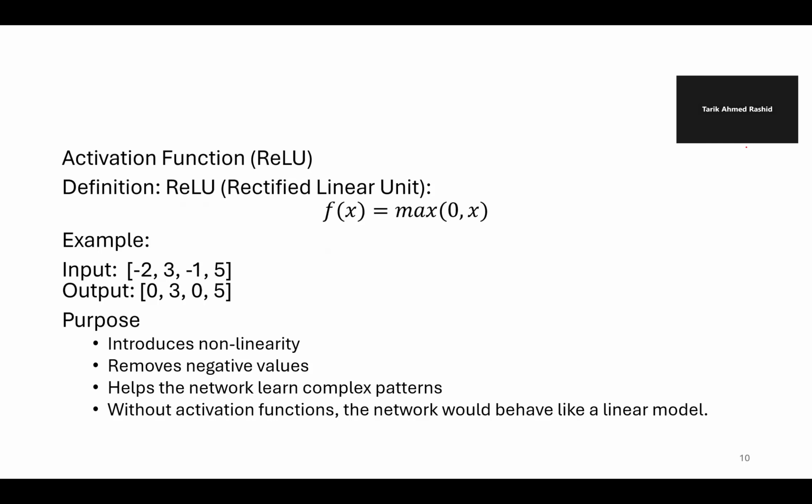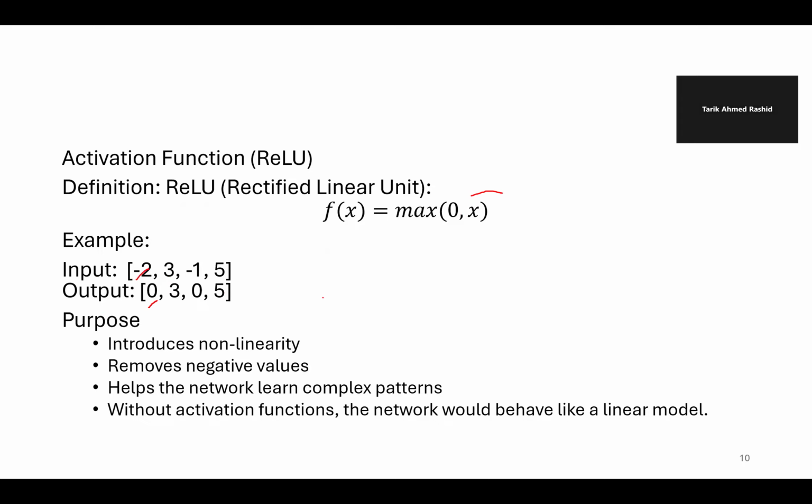Example: -2, 3, -1, 5. Output: 0, 3, 0, 5. -2 becomes 0, 3 is 3, max, we take it. -1 becomes 0. 5 remains 5.